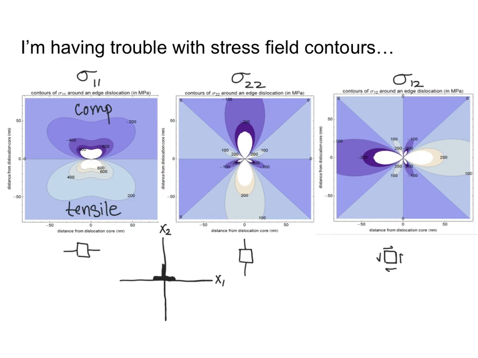Right above the dislocation, it's a super high compressive stress, but that compressive stress fades away as we move further away from the dislocation. Sigma 2, 2 is a little bit harder to understand physically because it's the stress in the vertical direction. So let's not bother ourselves too much in looking at that one in any detail. Let's, however, take a closer look at sigma 1, 2, the shear stress.